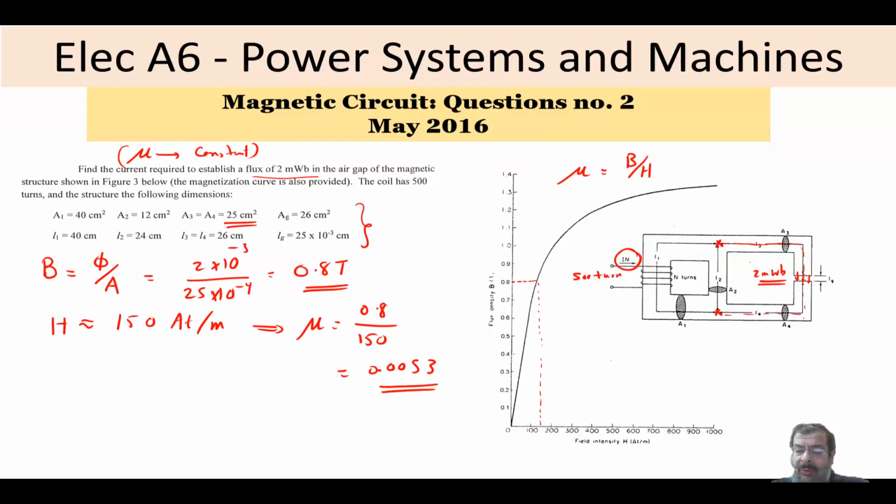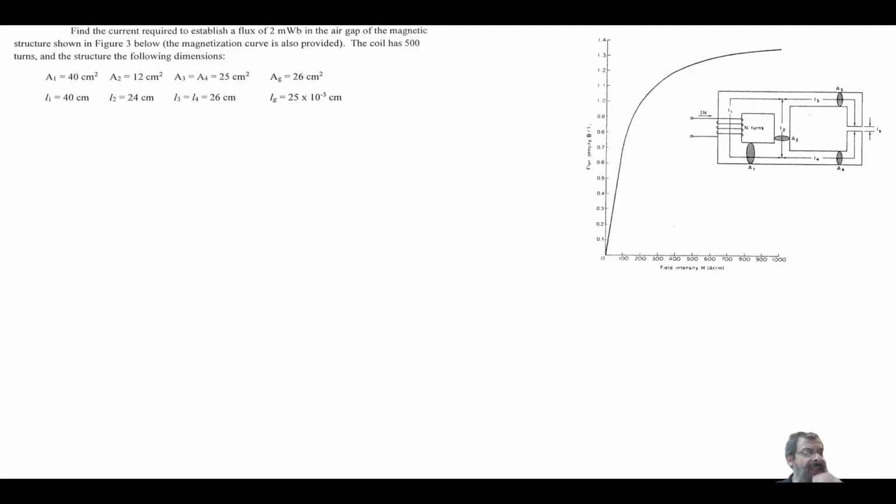Now that we know mu, we are ready to find the parameters of the magnetic circuit, and we need to redraw this as an electric circuit. The Ni is your MMF, magnetomotive force, which is similar to the EMF, electromotive force, or the battery in an electric circuit. All of this path is one reluctance, reluctance 1.